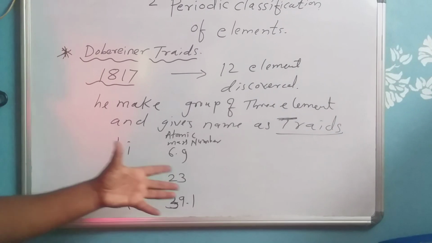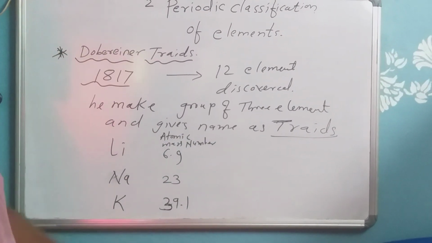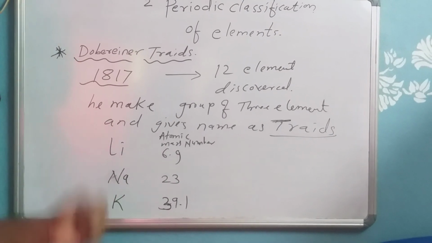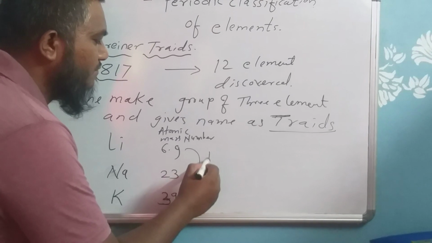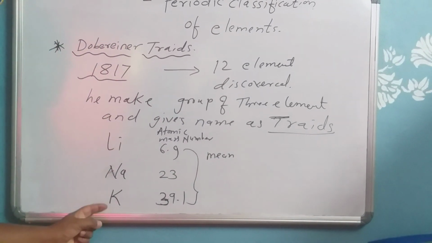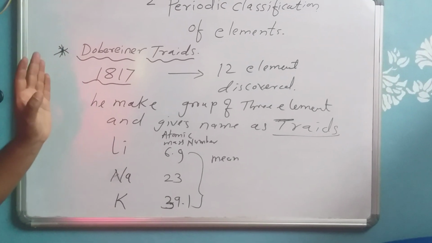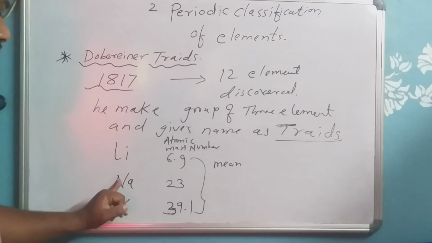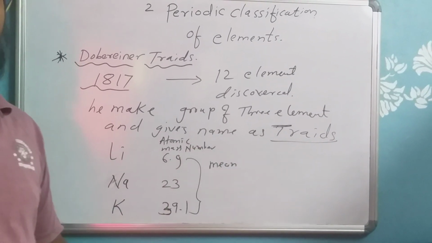Now, what was his theory? His theory is called Dobereiner's triad theory. The triad theory is like this. He said that when we take the mean of the first and third elements of every triad, the answer should be approximately the atomic mass of the middle element.